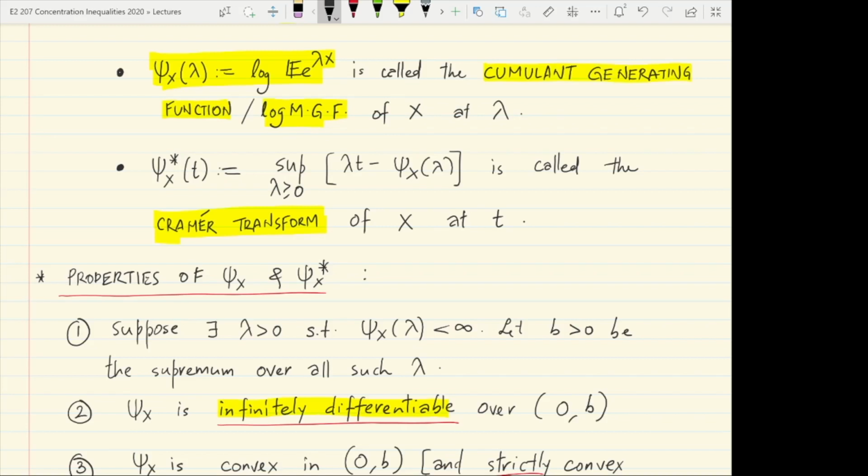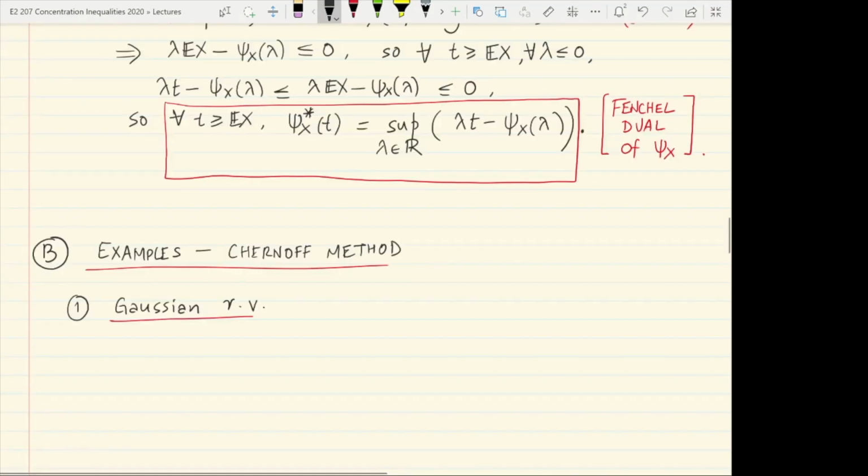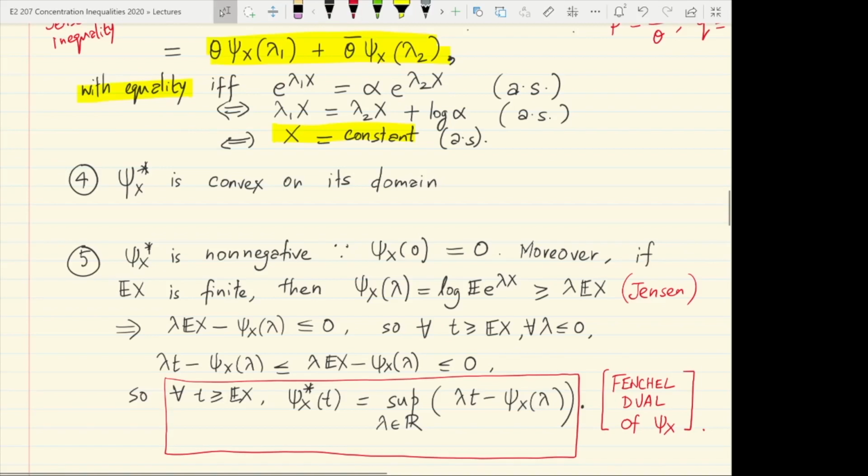So you can think of Cx star as basically taking the upper envelope or the maximum of a bunch of linear functions, each linear function being indexed by lambda greater than or equal to 0. So Cx star is just the max, or the supremum technically, of linear functions.